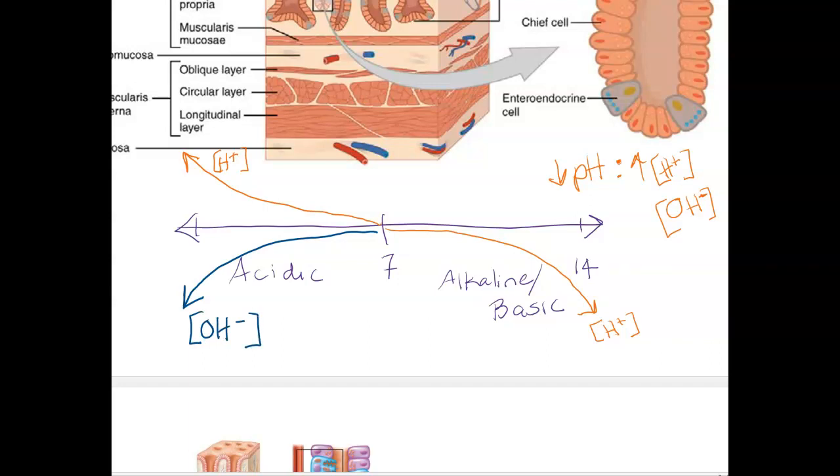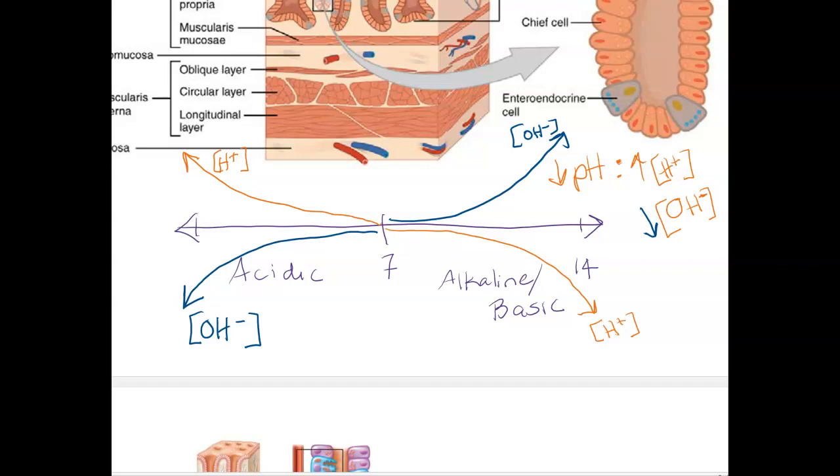As the pH of a solution increases or becomes more alkaline or more basic, then we would have an increase in the concentration of hydroxide ions. So over here, I just added a down arrow, a decrease arrow, for my hydroxide ions.